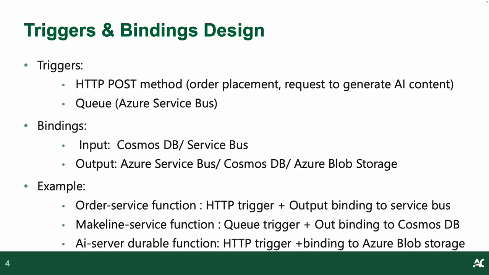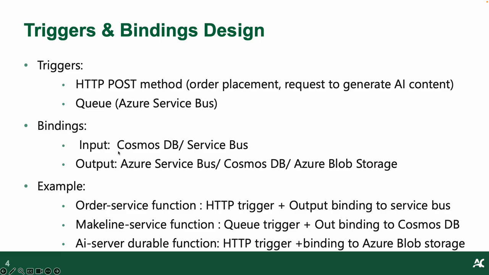The HTTP request to generate AI content would trigger the durable function, and this would kickstart the orchestrator, and the orchestrator would start different activities within that durable function to be able to generate the description text and the image, save the generated images to a blob storage, and also send the generated text to be stored as part of the product record.